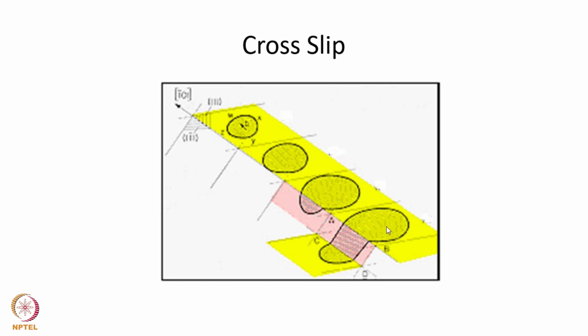And this is a process which can actually aid the dislocation movement, right? Because it can easily cross over from one slip plane to another, and as a result, the movement of dislocations becomes easy.